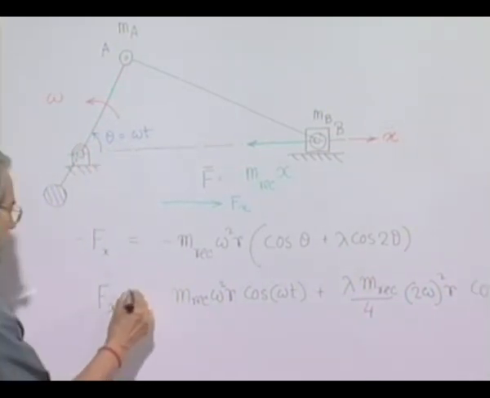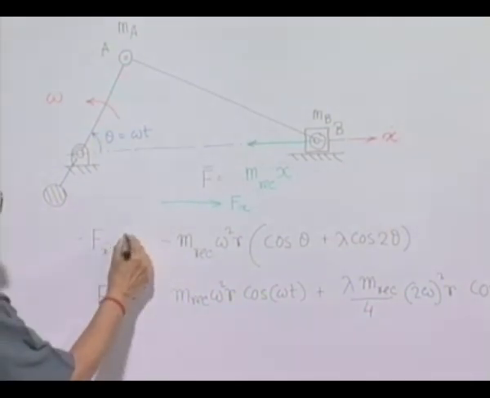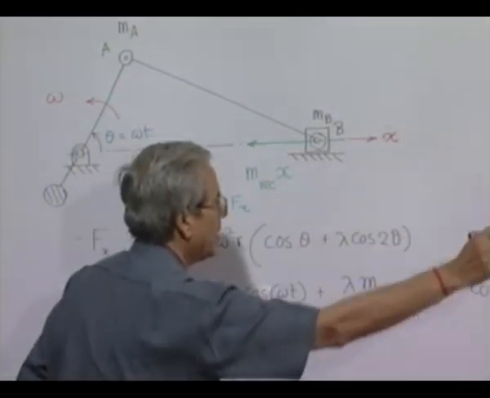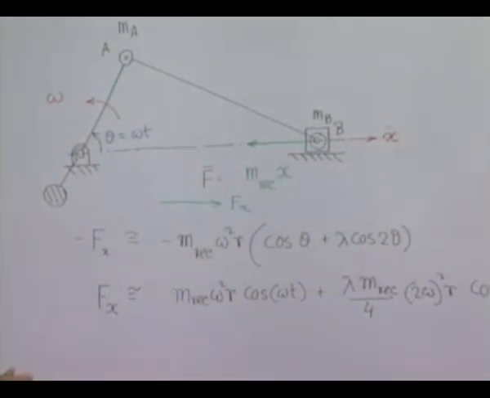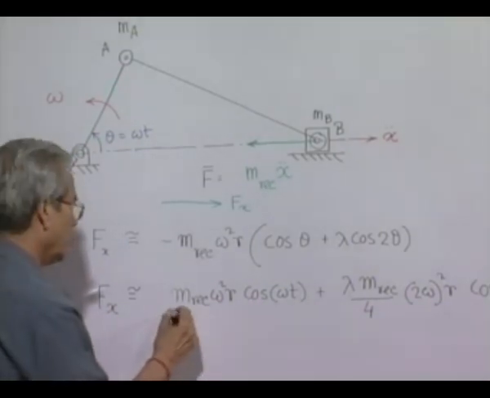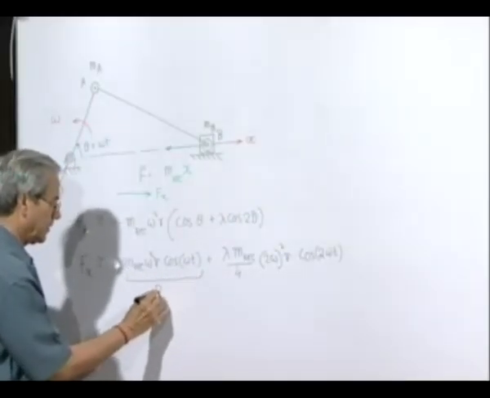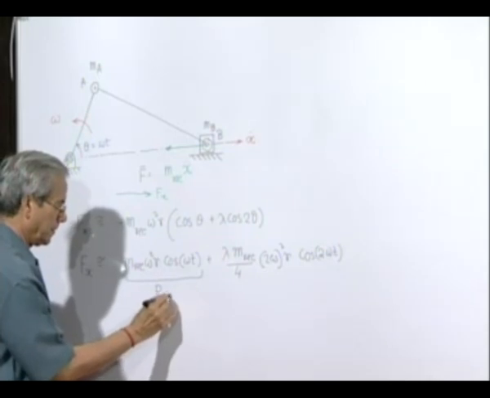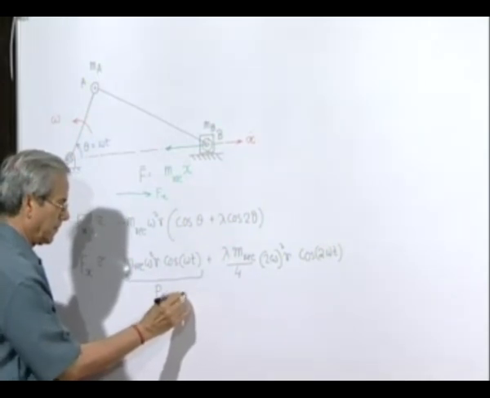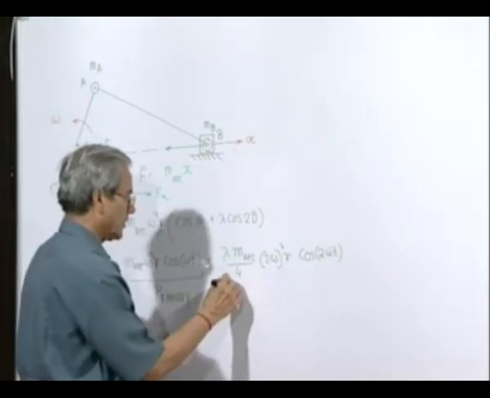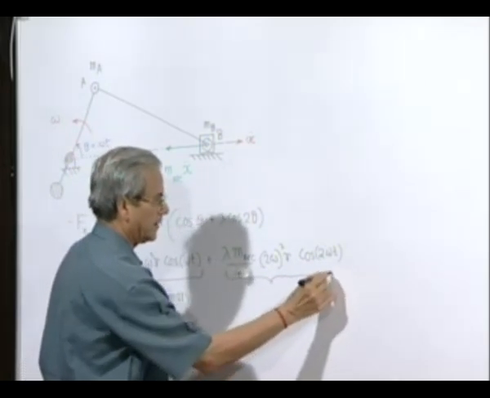And I think to indicate that it is not exact but approximate, as we have ignored the high harmonic terms. This we have called the primary and this is called secondary.